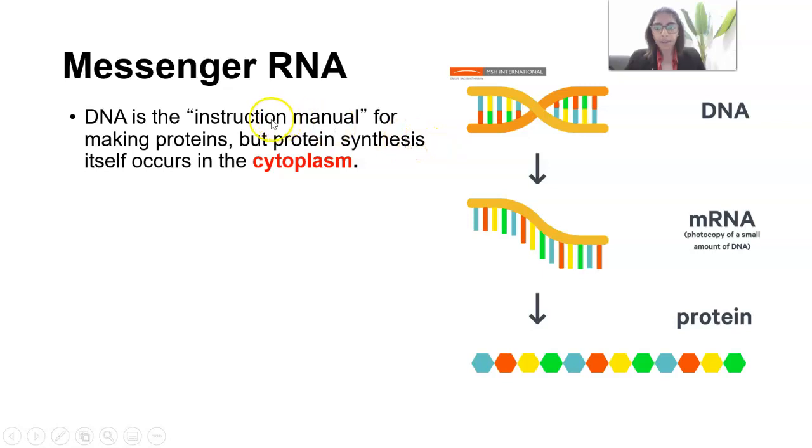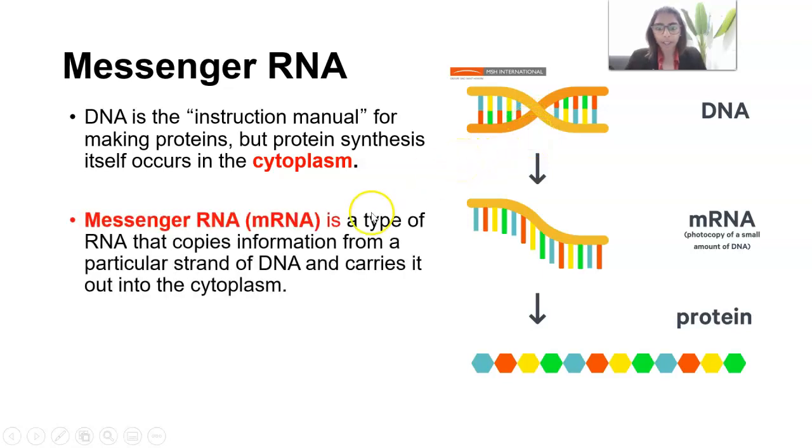If we think of DNA being the instruction manual for making proteins, DNA can't leave the nucleus, so we have to get that instruction out of the nucleus somehow. So what we do is we make a copy of it. mRNA will copy the particular code for a gene, because remember, genes code for proteins, and it takes it to the cytoplasm, where that code is then made sense of, or translated, into a functional protein.